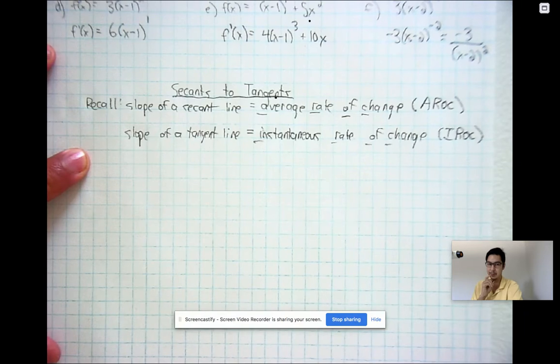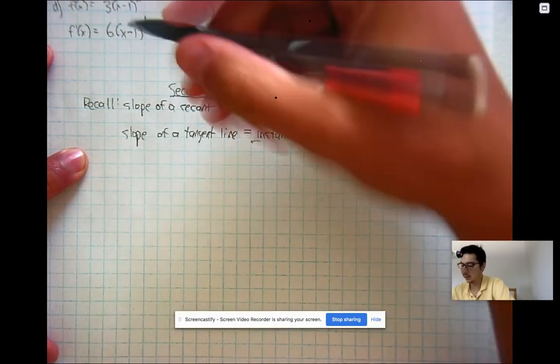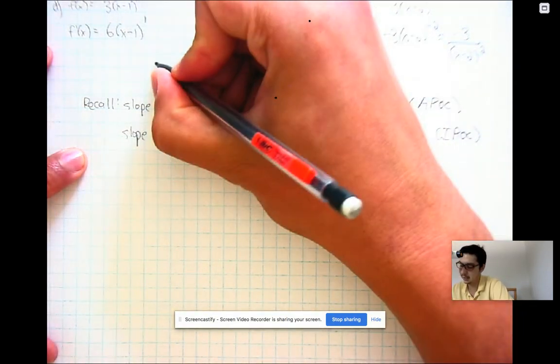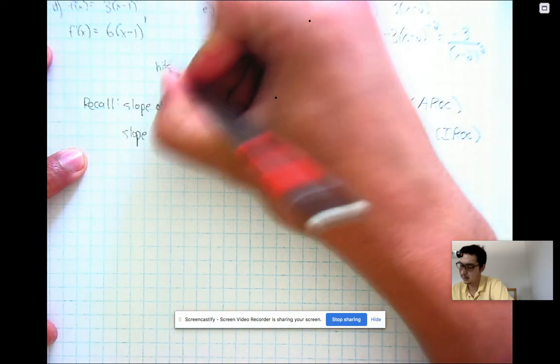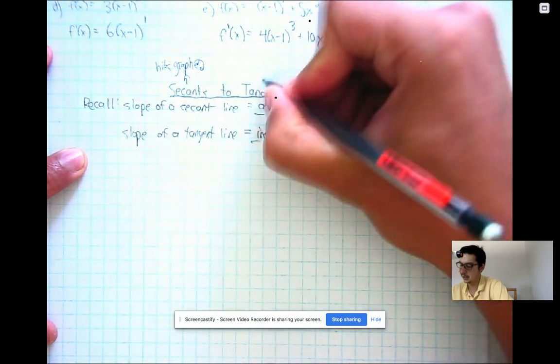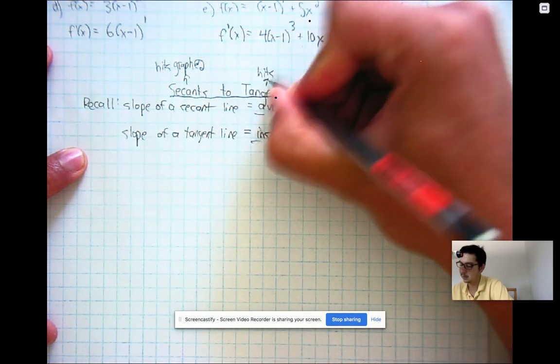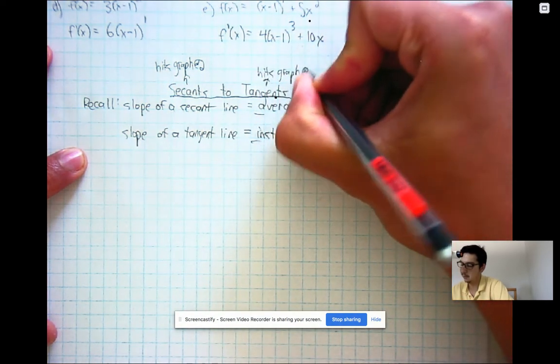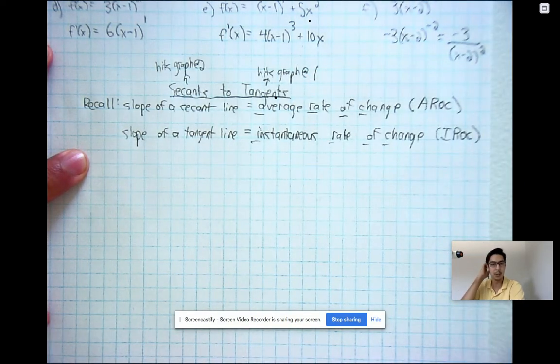All right. And hopefully when I said all this, a secant line, that's where it hits the graph at 2 points, and a tangent line only hits the graph at 1 point. It's the graph at one spot.